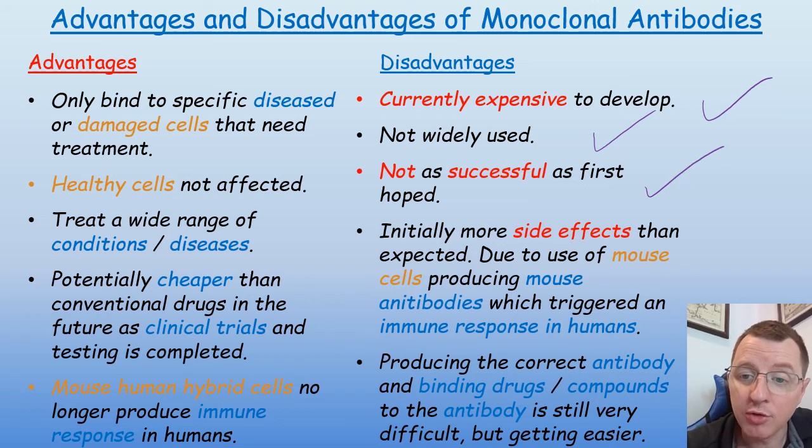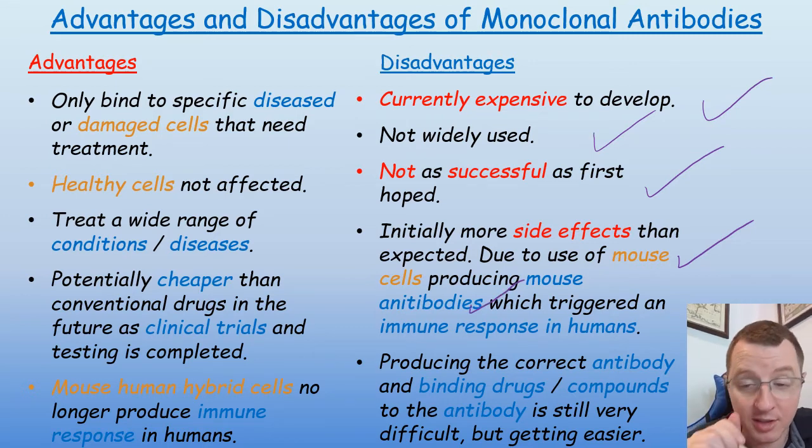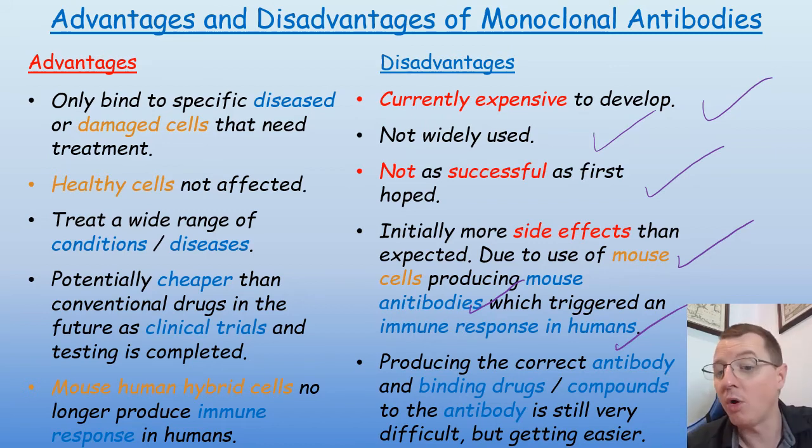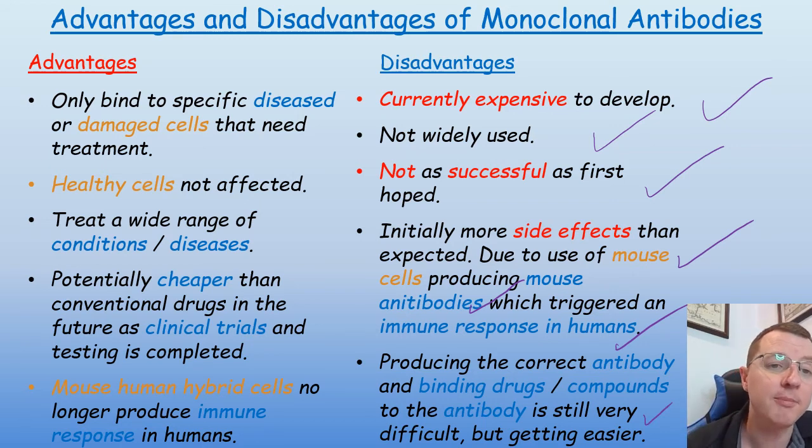Initially, there were a large number of side effects, more than expected, due to the use of the mouse cells, and the mouse cells produce their own antibodies, which actually act as an antigen and trigger an immune response in humans. Producing the correct antibody and binding drugs or compounds to that antibody is still very difficult, although it is getting easier.